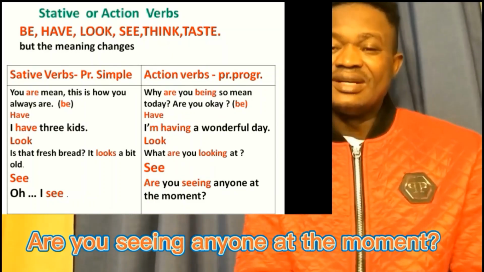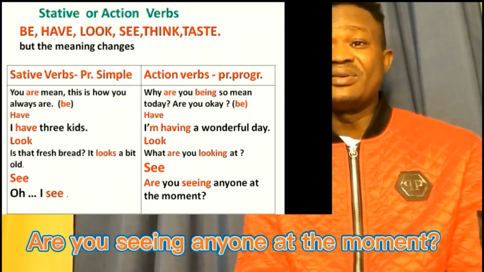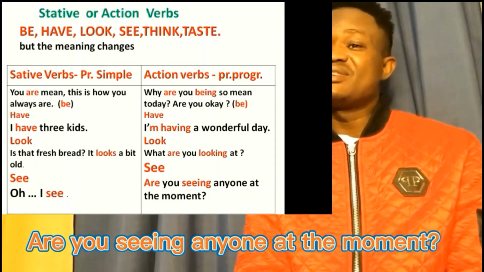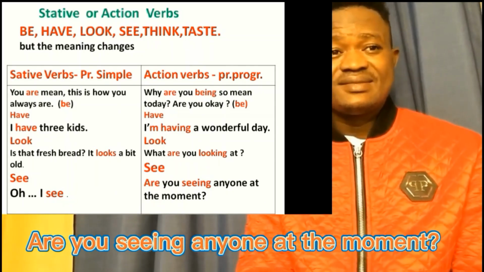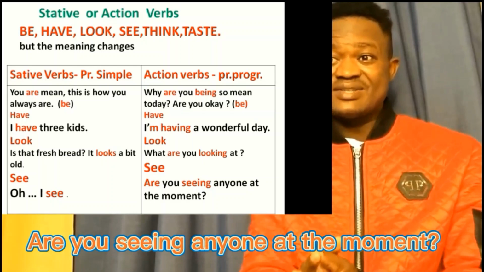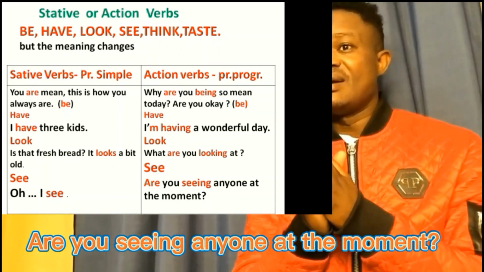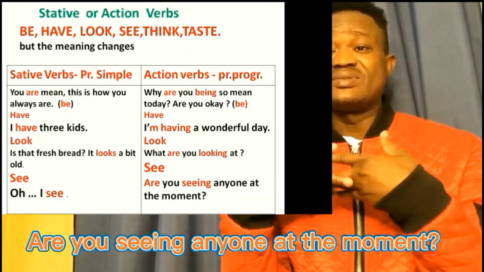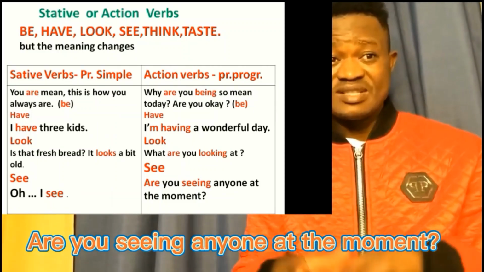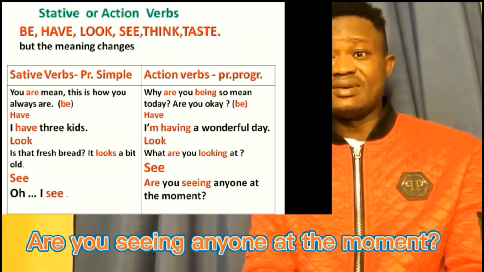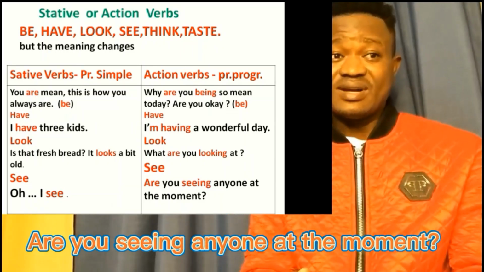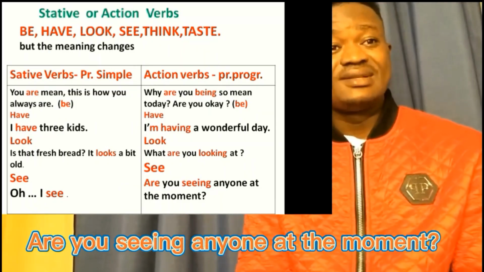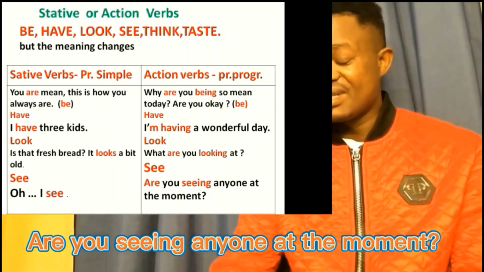Maybe you need a fiancé, so somebody is asking you, are you seeing someone at the moment? So the action verb here, see, changes to seeing in the present progressive because it's still going on. Are you seeing anyone at the moment? It's still going on. So somebody just asked you that question.